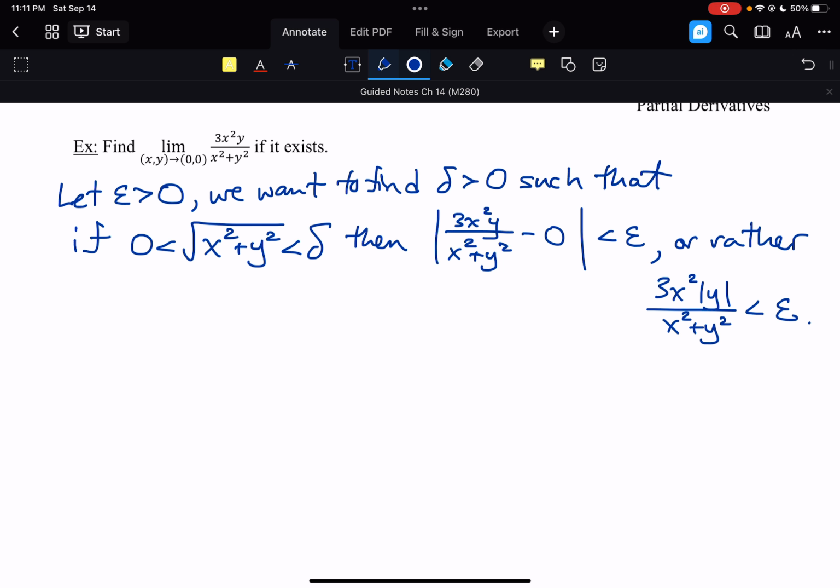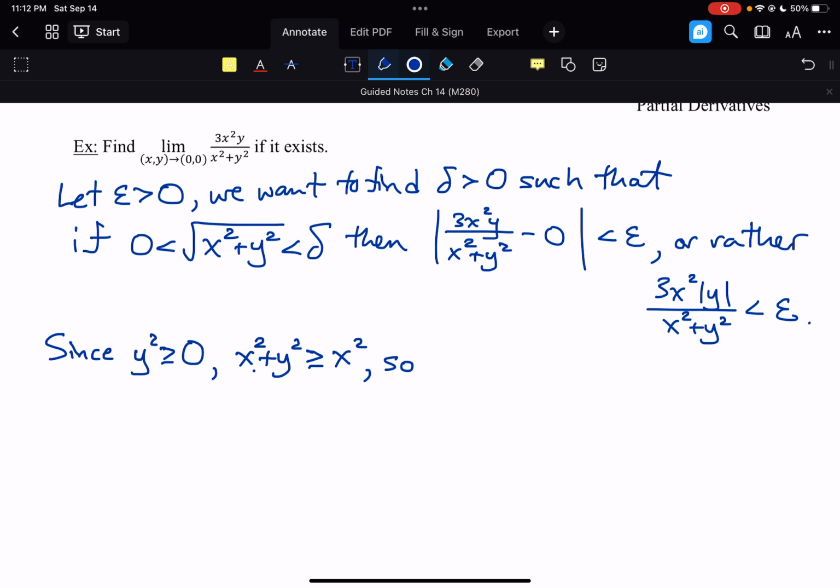So since y squared is greater than or equal to 0, if we add x squared to both sides of this, x squared plus y squared would be greater than or equal to x squared. Right? If we just add the same thing to both sides, it keeps its inequality.